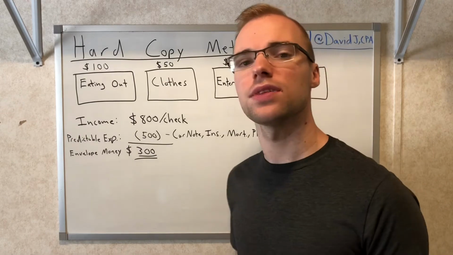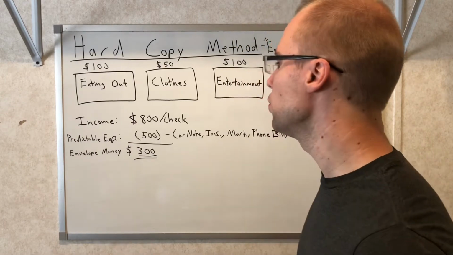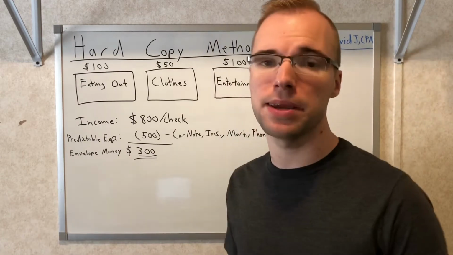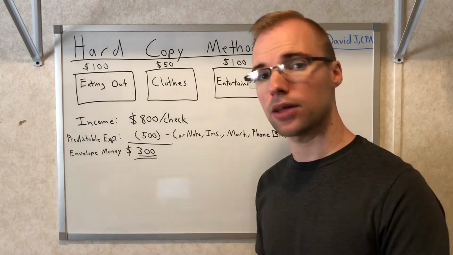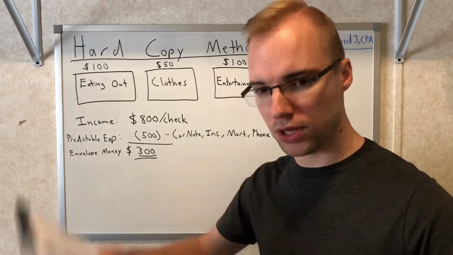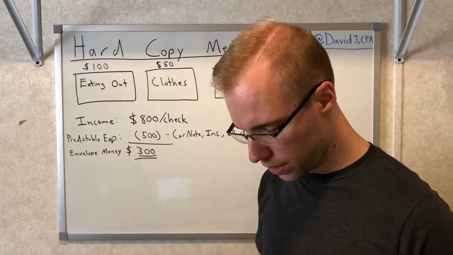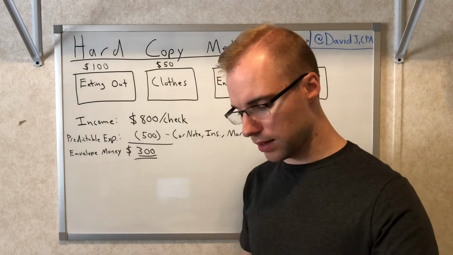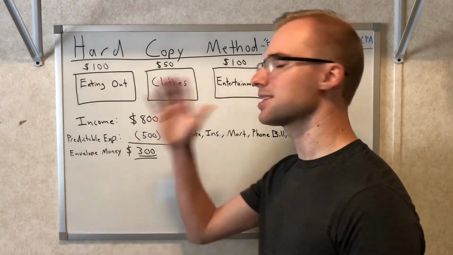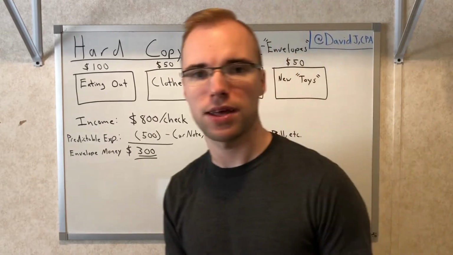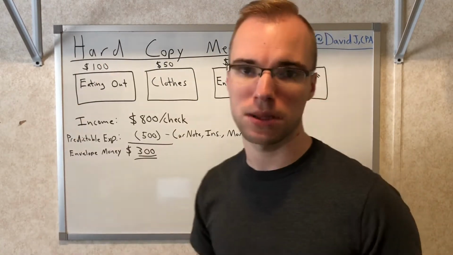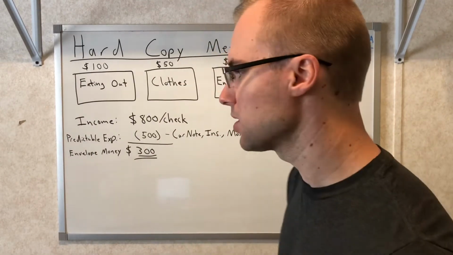Really, the gist of this is that you are putting a quote-unquote spending limit on every category on your budget, so you do not spend more than you make. That is very important here. It teaches you not to live off more than you make. You cannot physically spend money that is not in an envelope, okay? Or that is not on the line on your pencil and paper budgeting method. Okay, so that is what this is about.